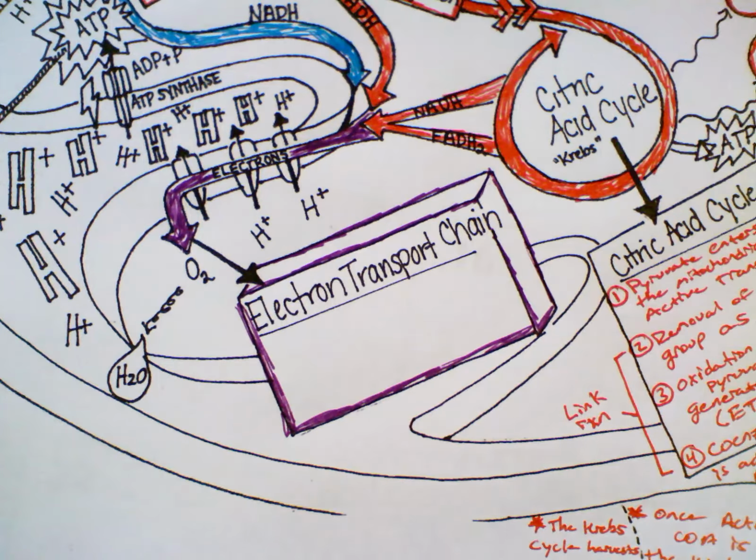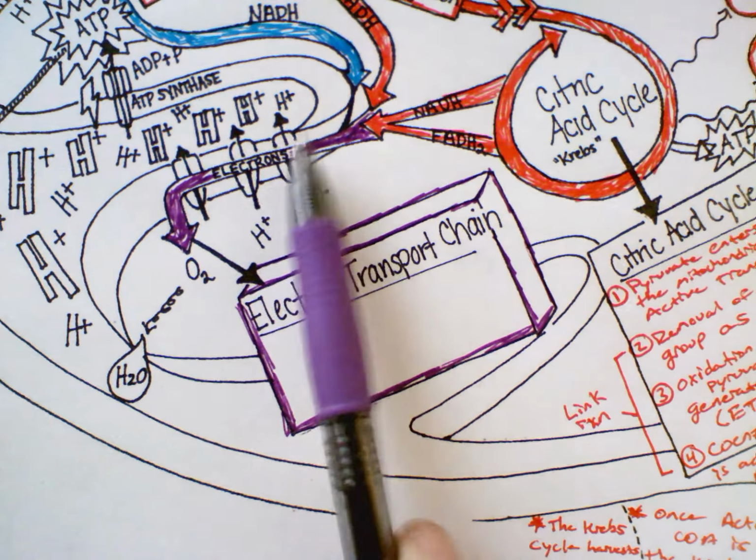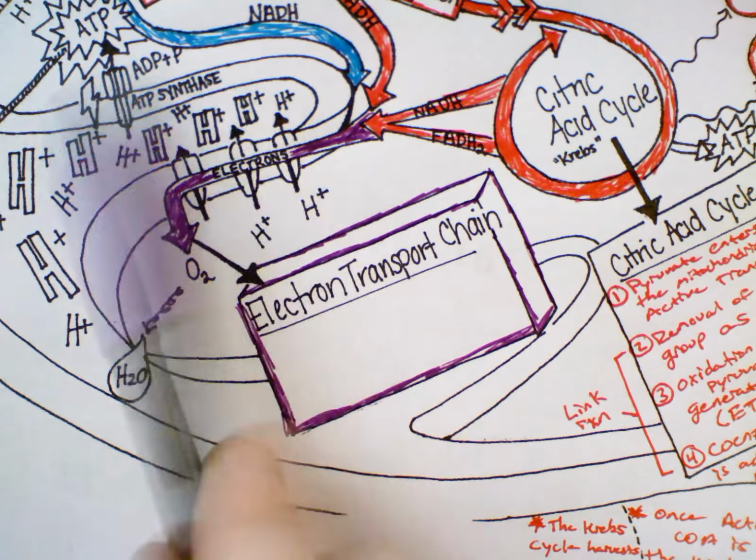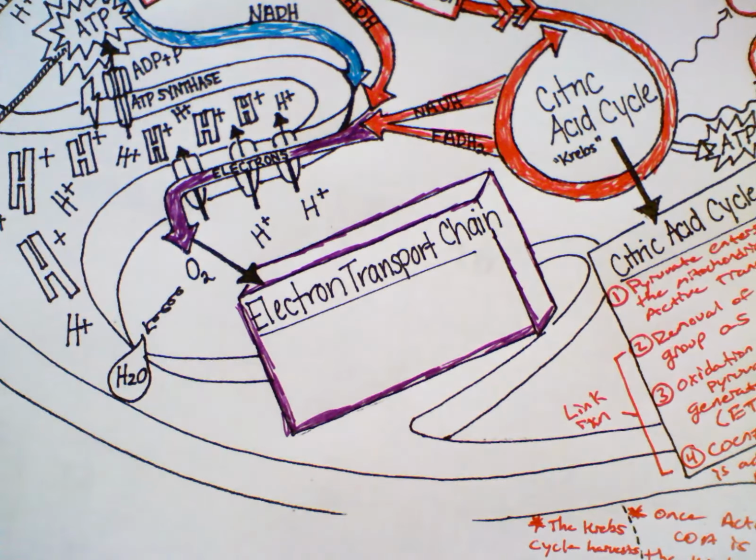Okay, so the electron transport chain, your book has a beautiful image of this. What's going to happen is the electrons come into the electron transport chain, which is a series of transmembrane proteins embedded in the inner membrane of the mitochondria. The electrons are forced to move down this series of steps, and while they're moving, they release a little bit of energy at a time.